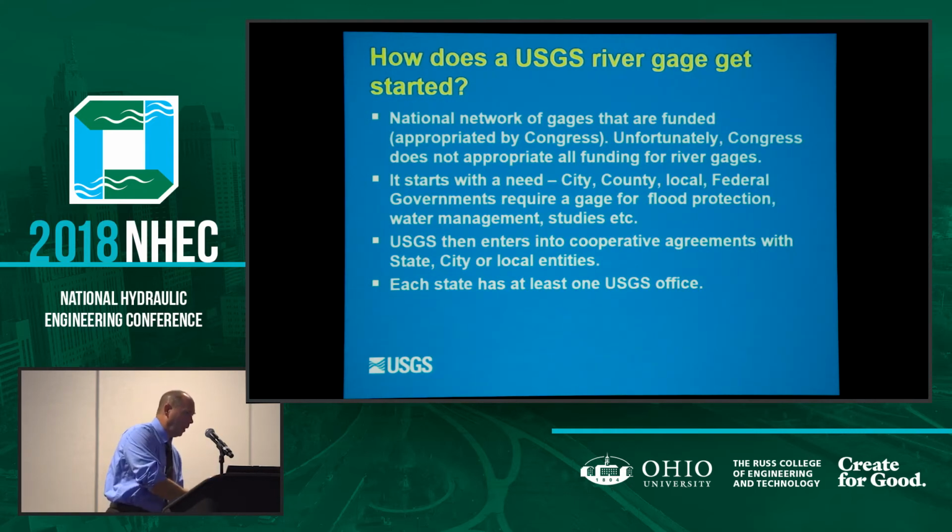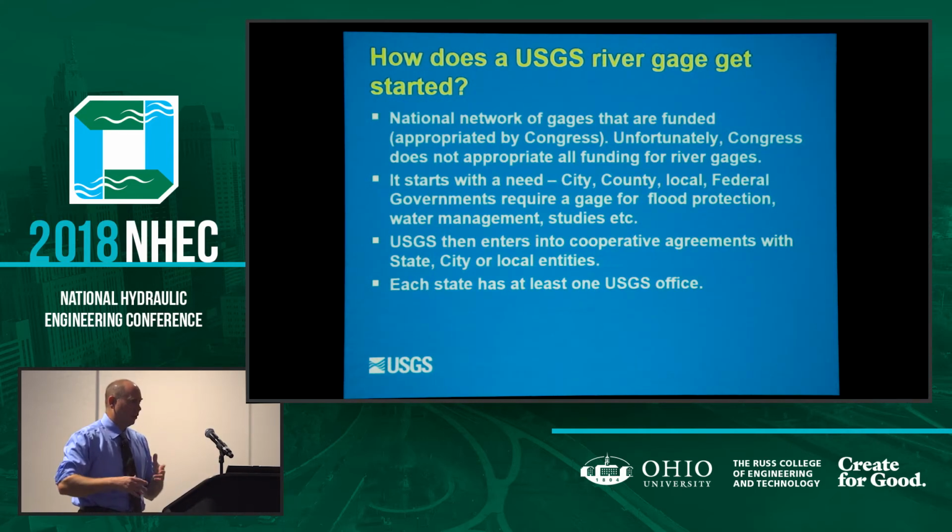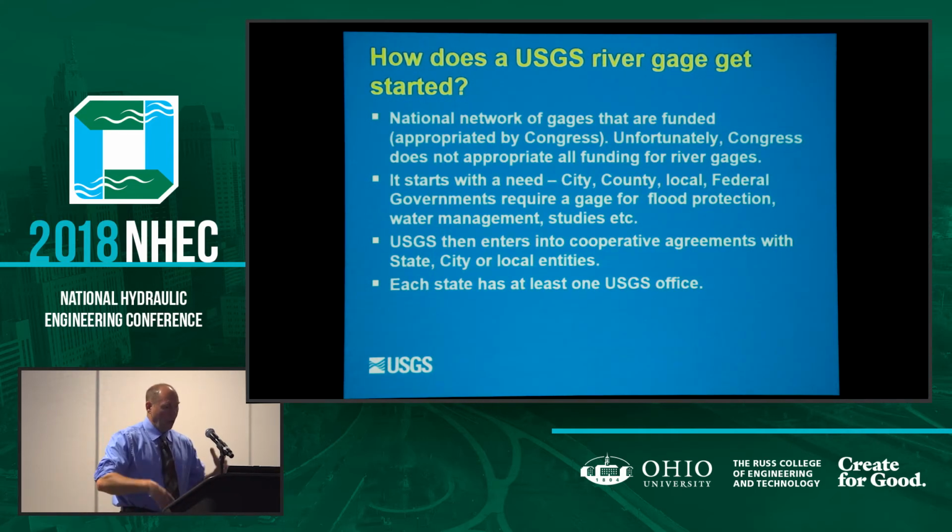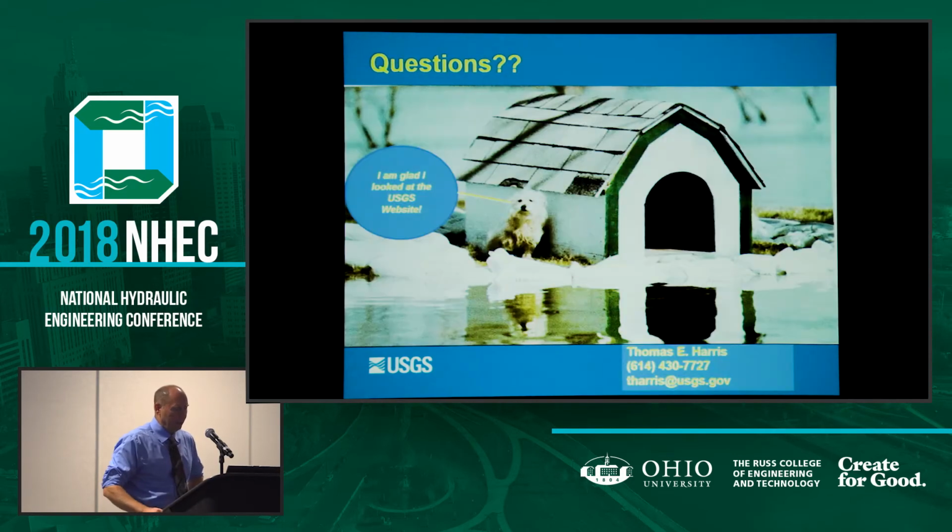Sometimes there are cooperative matching funds that I can throw in to ease the cost of installing one of these gauges, because there's a lot of instrumentation inside them, and we use really good equipment. And each state has a USGS office, and that is basically it.